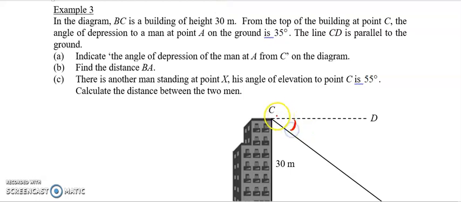Remember it is always with respect to the horizontal. The horizontal in this case is CD, because the reference point of looking is at C on top of the building. So we draw a horizontal CD, looking down at point A. This is the angle of depression, and it is 35 degrees. Find distance BA.